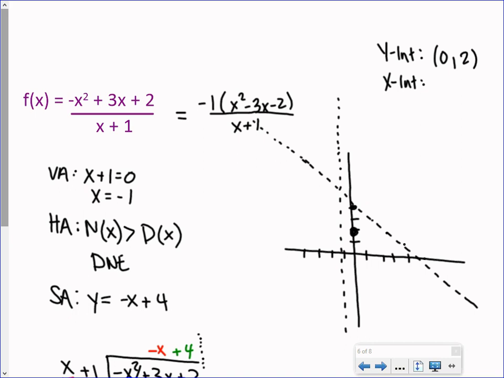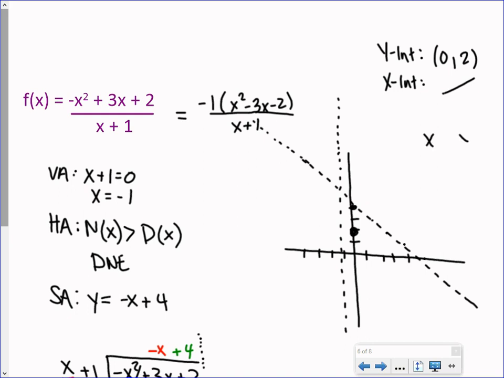They're probably irrational because it uses the quadratic formula, and that's a lot more work than I actually want you to do to find one. So in the case where it's not easy to find the x-intercepts, it's okay if you don't find them. It's not that there aren't x-intercepts, I just don't want to do all that work of the quadratic formula. Way more work than I need to do.